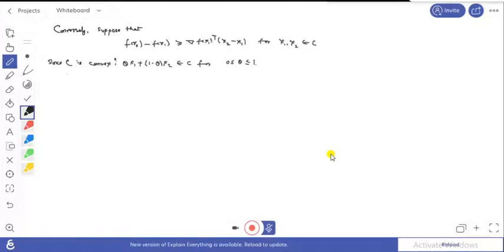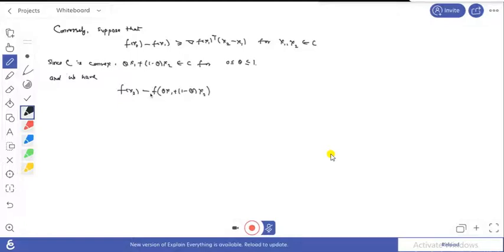So now we take f(x2) as one point, and the second point is not x1, we take this point as the second point, and this point also belongs to C. So here we take f(x2) minus f of this point, which also belongs to the convex set C. Okay, so we take this point, and now we apply this formula.